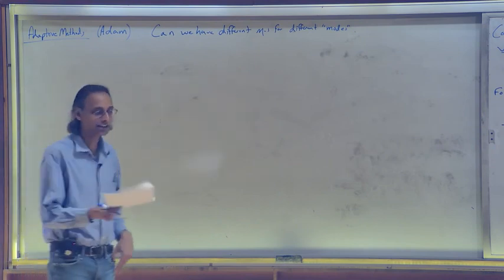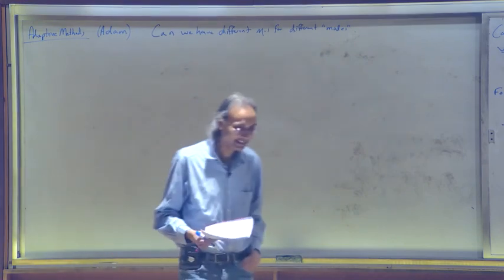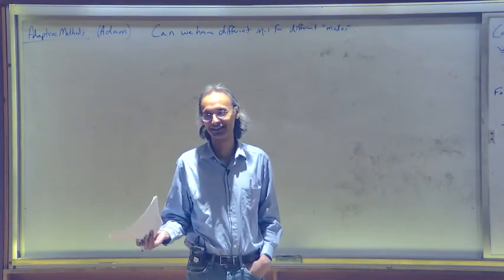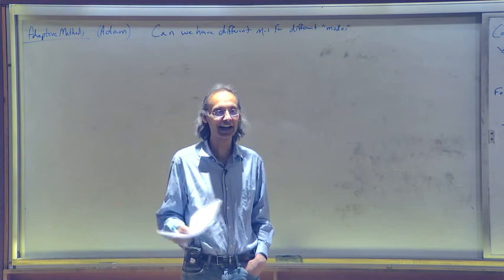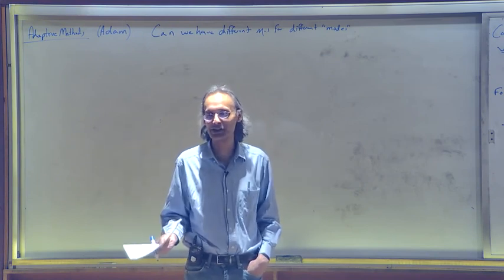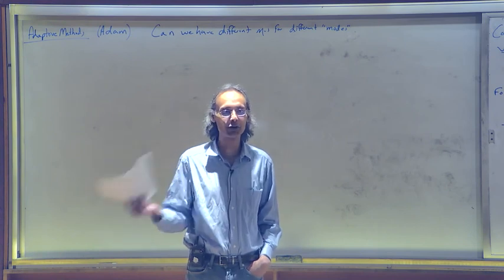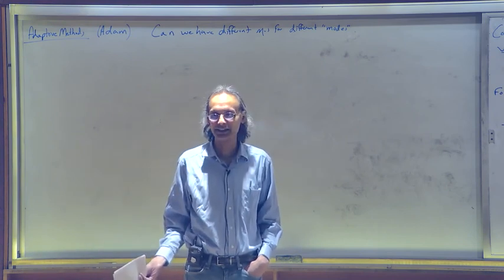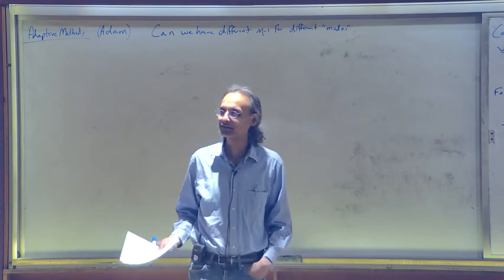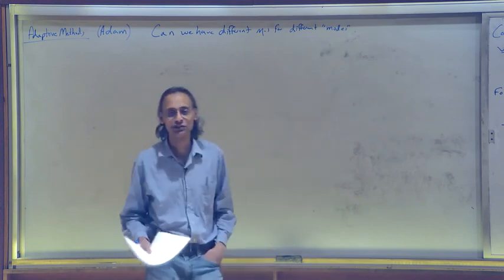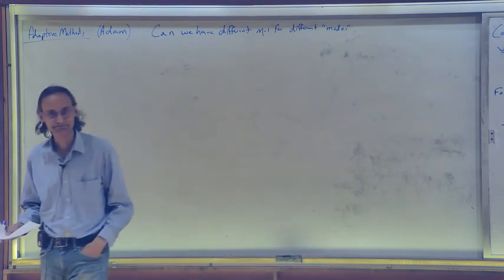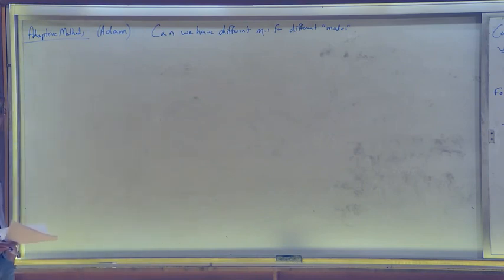So at first glance, you might think, that's a pretty fatal flaw. How am I supposed to have different adaptive learning rates for the different modes if I can't even know where the modes are? So again, the deep learning spirit comes into play, which is you look where the light is. You say, well, I don't know what the different modes are, but I do know the different parameters.